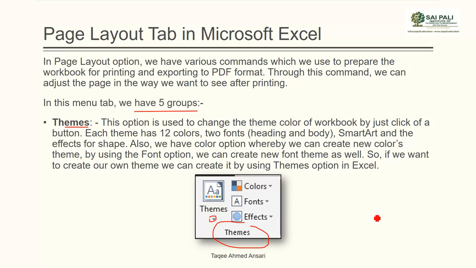By using the font option we can create new font themes as well. So if we want to create our own theme, we can do that using these commands here. We have predefined themes, and we can also create our own theme by choosing these different commands.